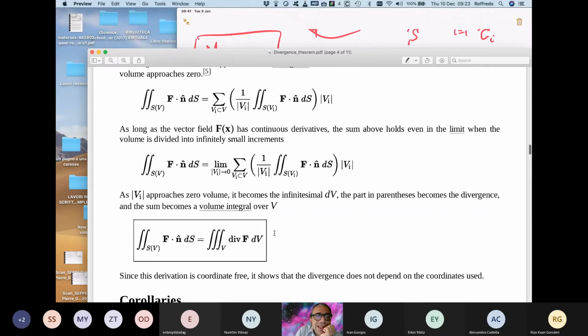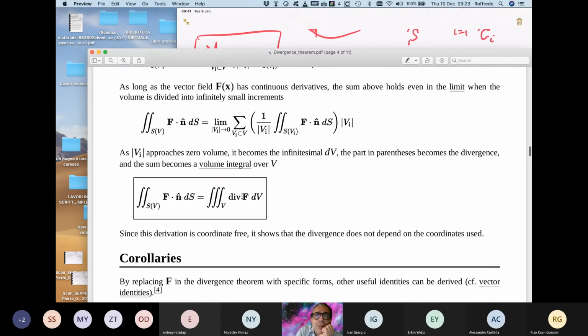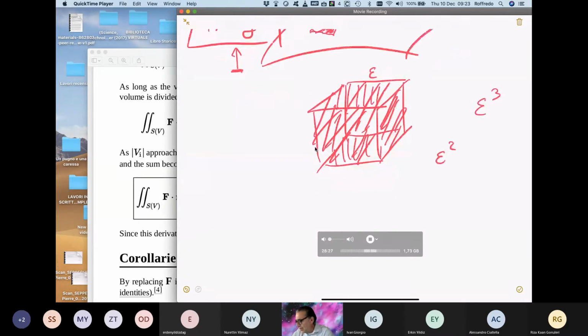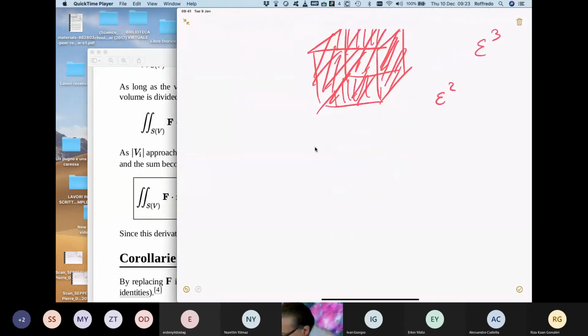Okay, and then in Wikipedia they jump, because I don't know why one should see that this is producing the divergence of F. Okay, so now we will try to understand better why this last equality holds in general.